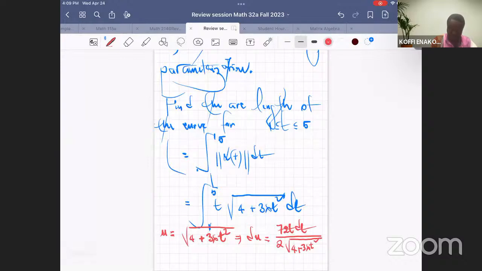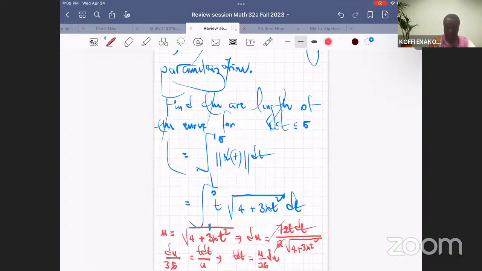So that will be du divided by 36, because I'll simplify this with 72, divided by u. So it's t dt is u divided by 36 du.